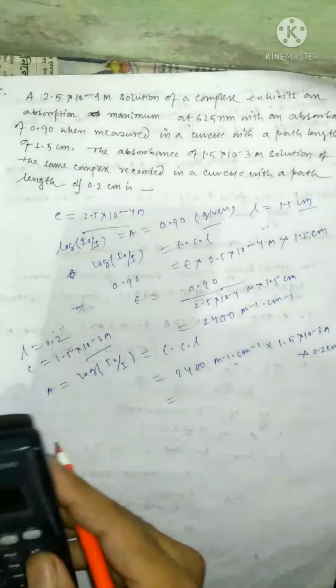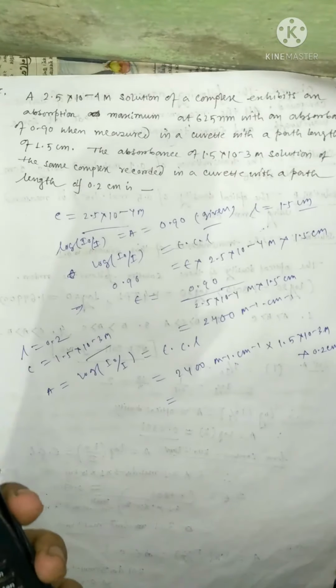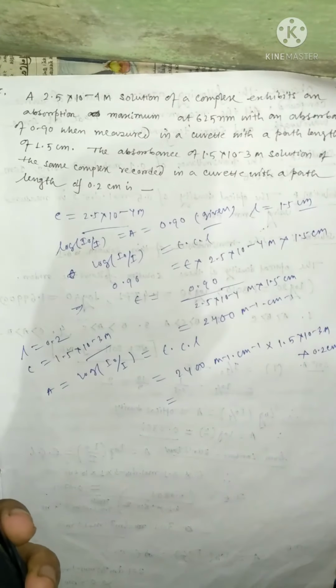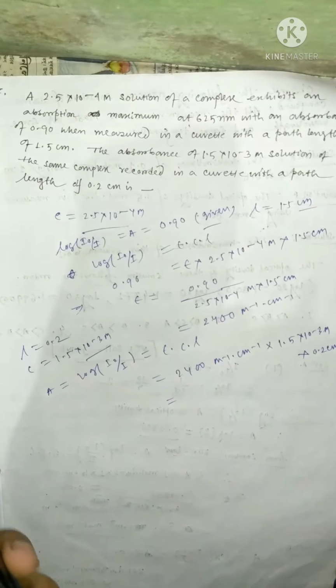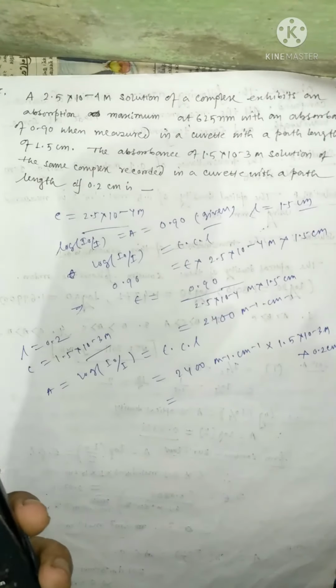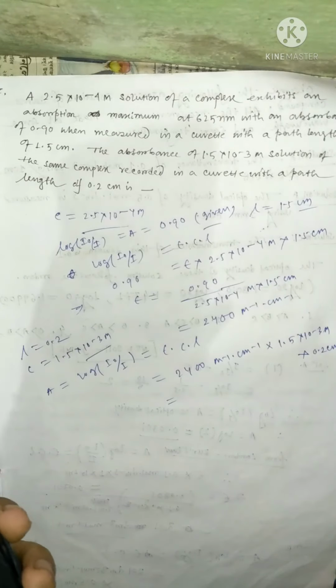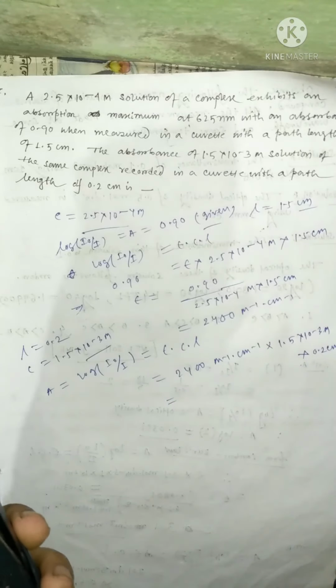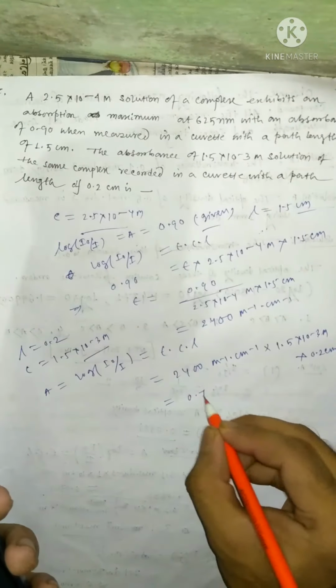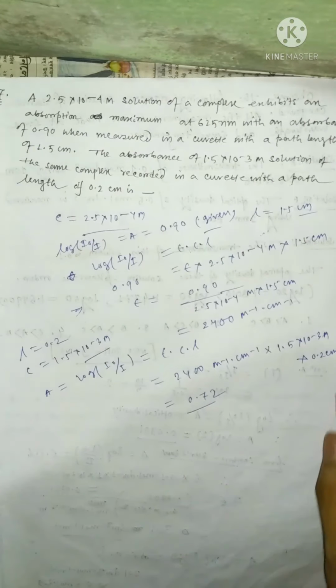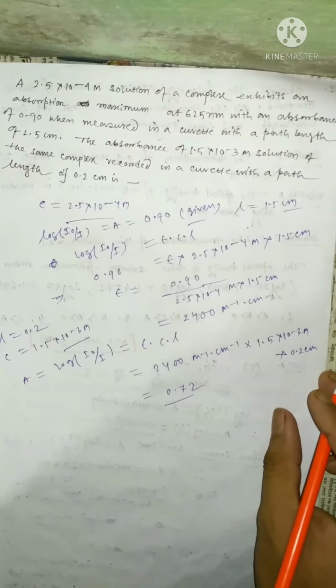So 1.5 into 10 to the power minus 3 into 0.2 gives 0.72 as the absorbance.